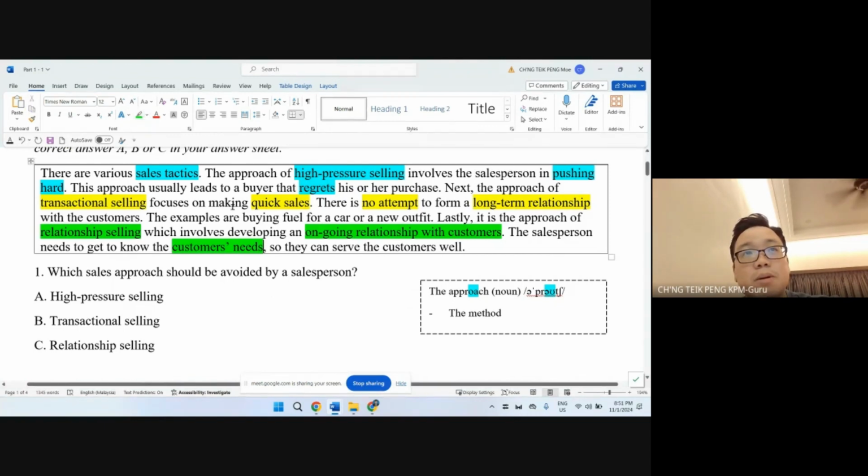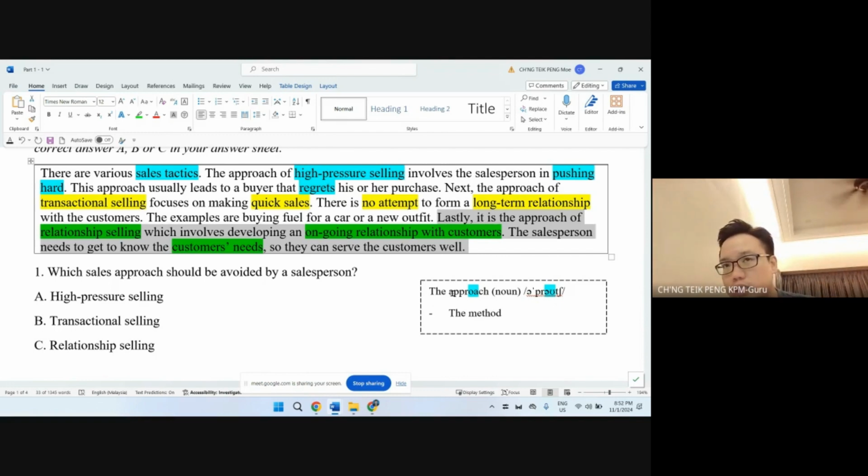Okay, for example, the insurance agent, okay, you must know the insurance agent well so that he or she can serve you well. Insurance agent, or what else? I can't think of any.